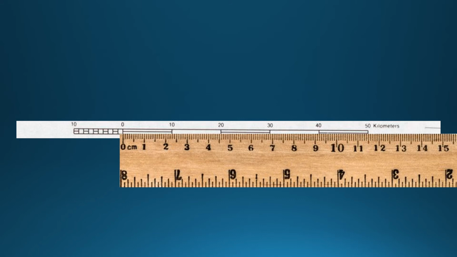So the next thing we're going to do is to try to determine what is the distance between 0 kilometers and the 10 kilometers on the linear scale using our ruler. So the first thing we're going to do is that measurement. And when we do that, we realize that it is 2 centimeters and 3 millimeters.